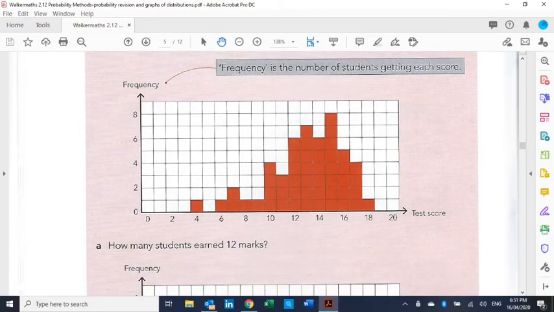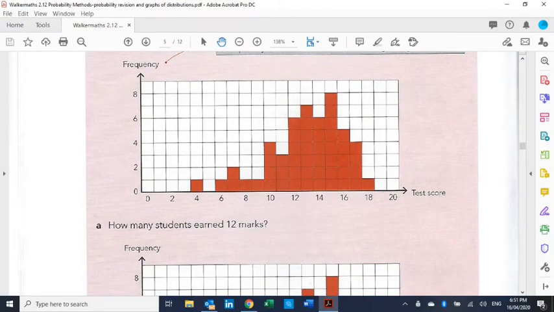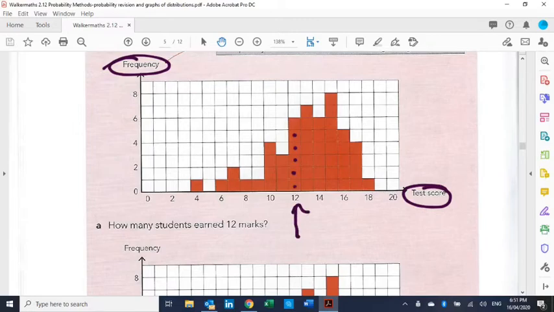So let's look at this graph. How many students earned 12 marks? Well, your score is on the bottom, the horizontal axis. The frequency is the vertical axis. So 12 marks is here. So that's 1, 2, 3, 4, 5, 6 boxes. That indicates that 6 students earned that particular mark.